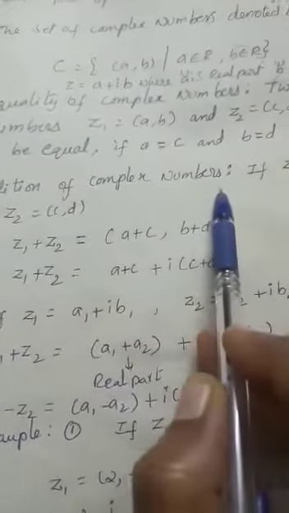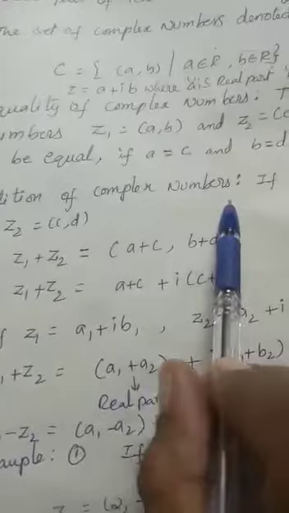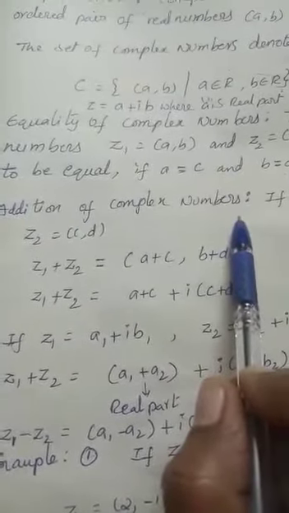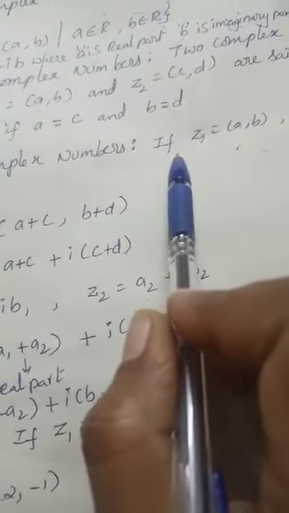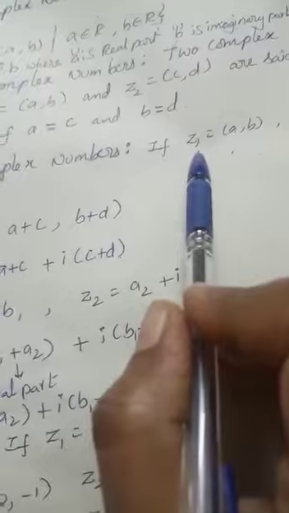Addition of complex numbers. Here we have to learn some operations of complex numbers. First we learn addition of complex numbers. Here also we are taking two complex numbers. First complex number z1 is equal to ab and z2 is equal to cd.